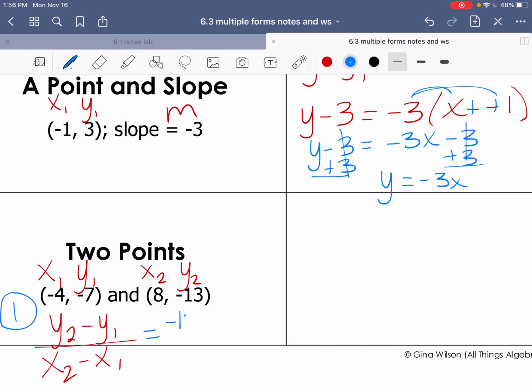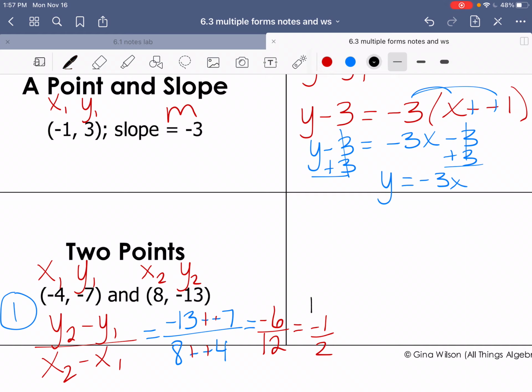So we have -13, subtract -7, over 8, subtract -4. Change your double negatives to give you -6 over 12, which is -1/2.